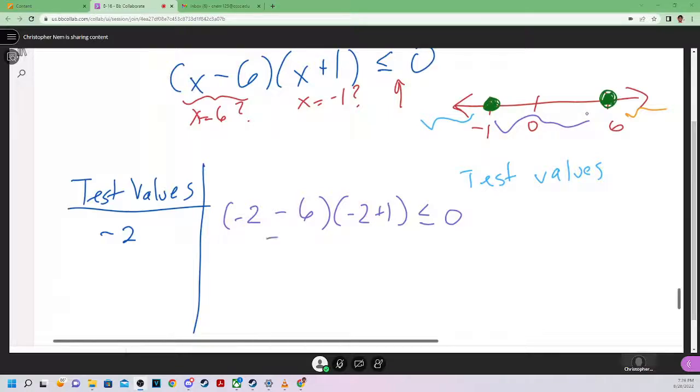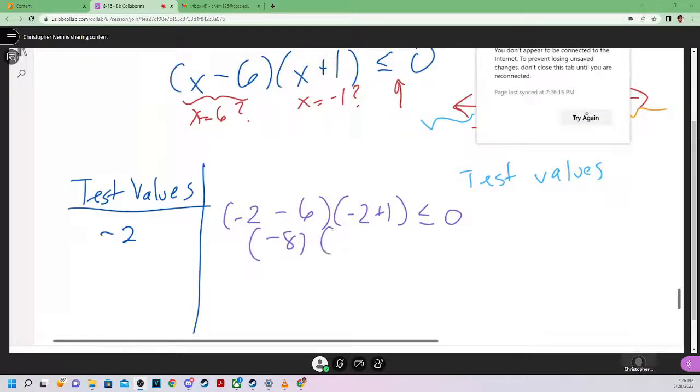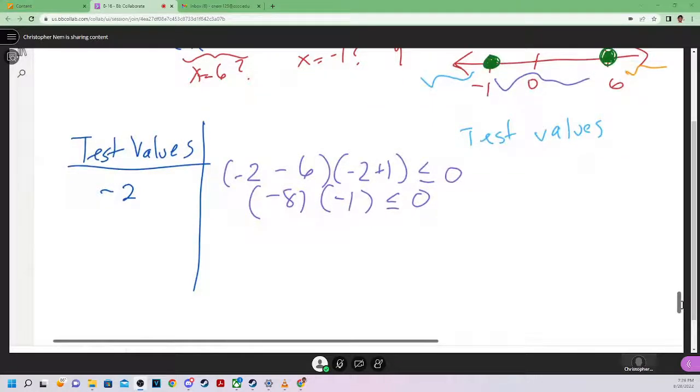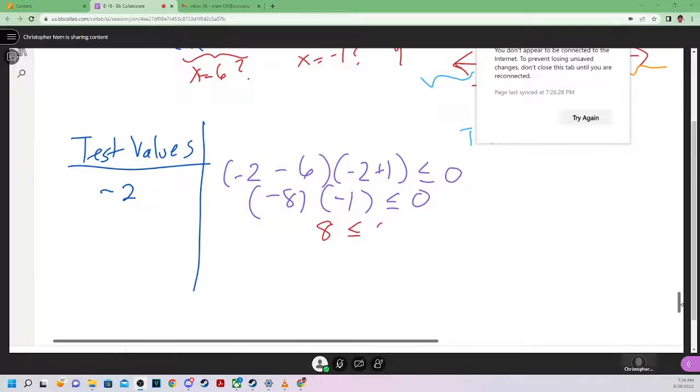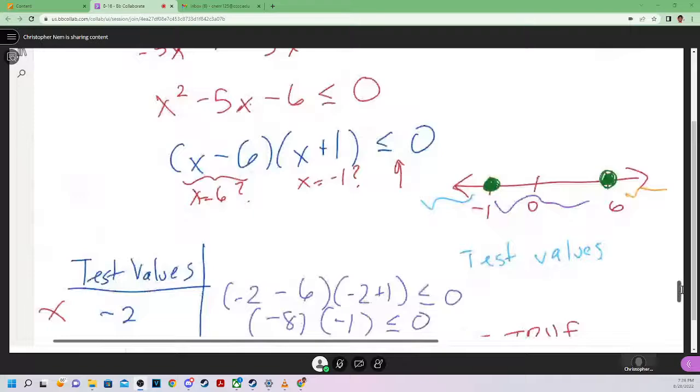Negative 2 minus 6 is negative 8 times negative 2 plus 1, that's negative 1. Is this true? Negative 8 times negative 1. Is that less than 0? Well, what's a negative times a negative? That should give you a positive. So this is not true. So we do not want that. We do not want the first region in our number line, the blue region. We do not want this.